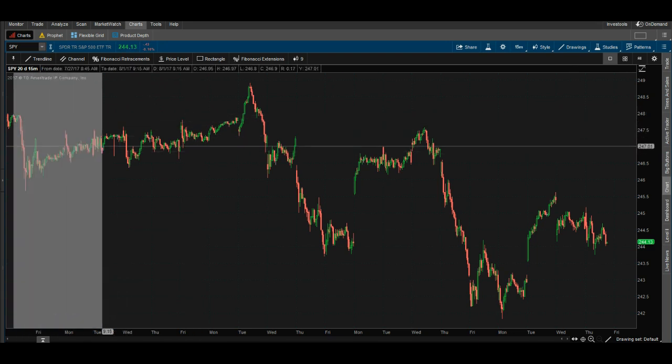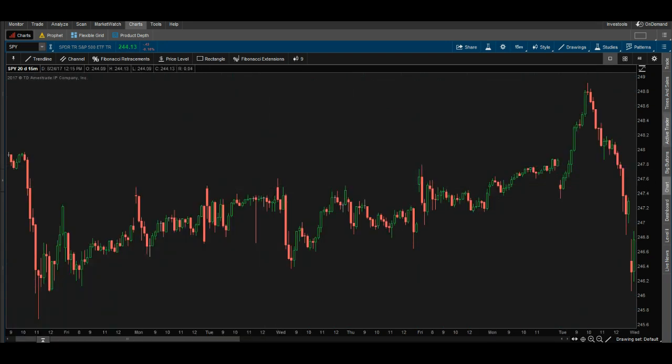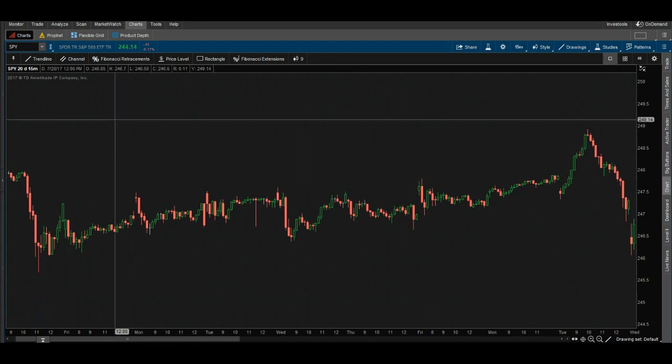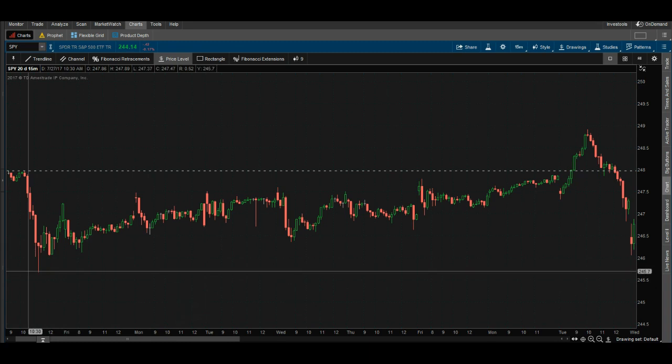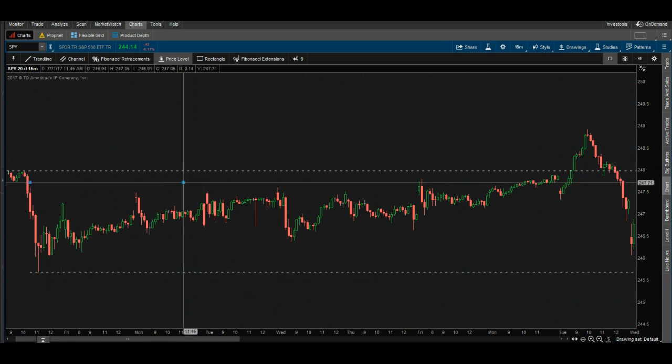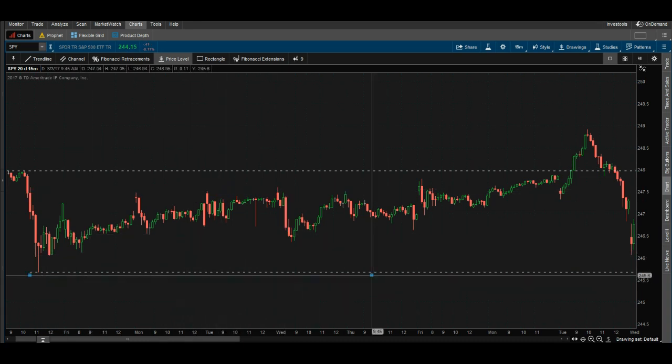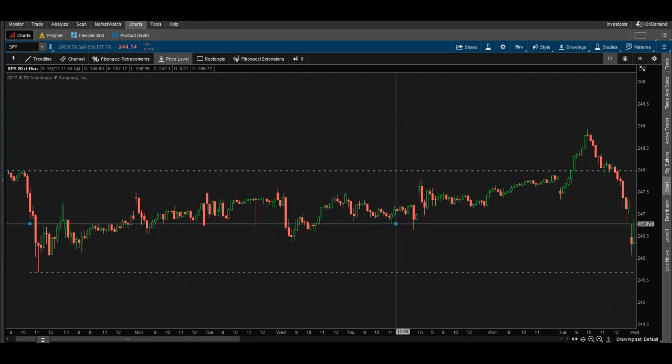So as you can see over here, we actually have somewhat of a nice channel, right? So if we were able to just grab a price level like this, and then we could pull one straight down here. Okay, we actually have somewhat of a decent channel, right?